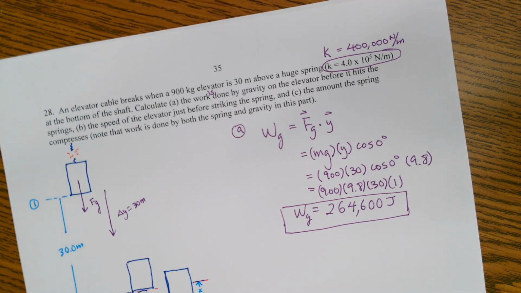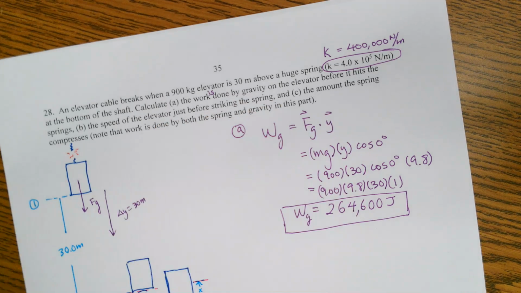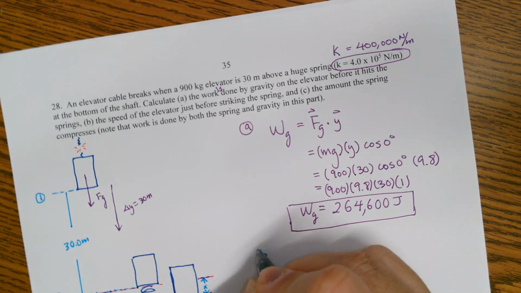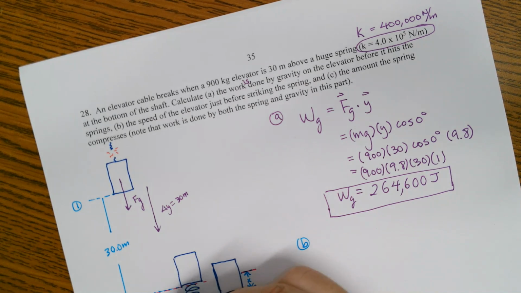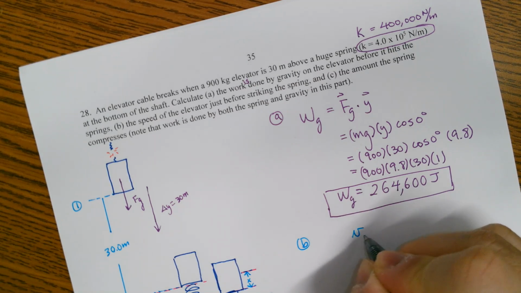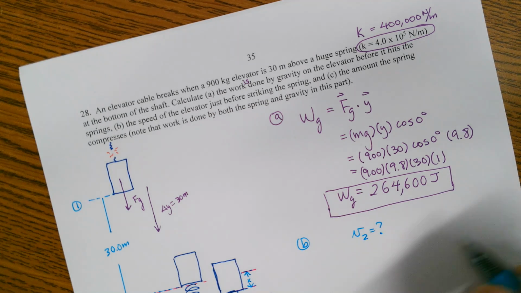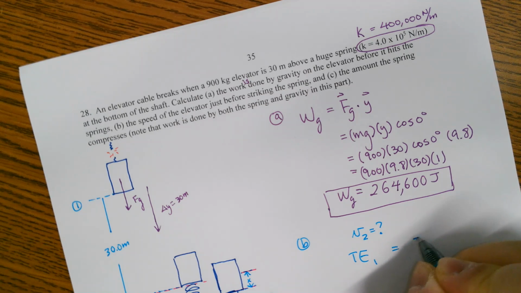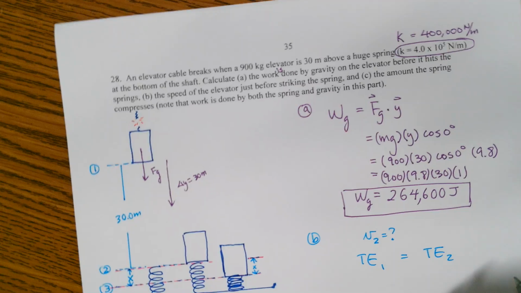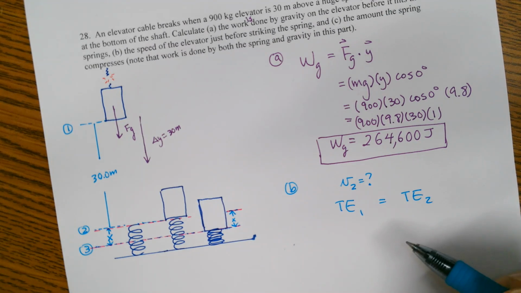So what about part B? What is the speed of the elevator just before it strikes the spring? So for part B, they want to know what the V at point 2 is equal to. So we're going to consider total energy at 1 is equal to total energy at 2. Initial, final.